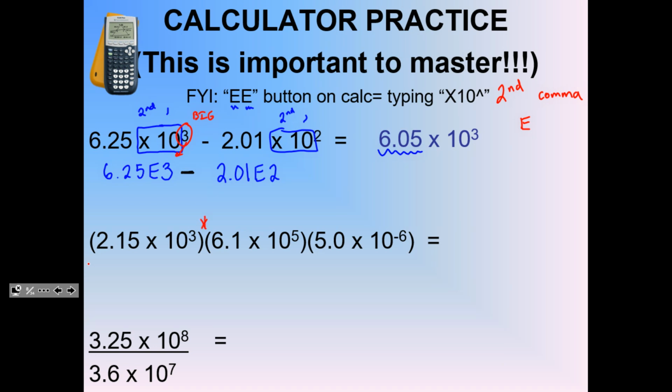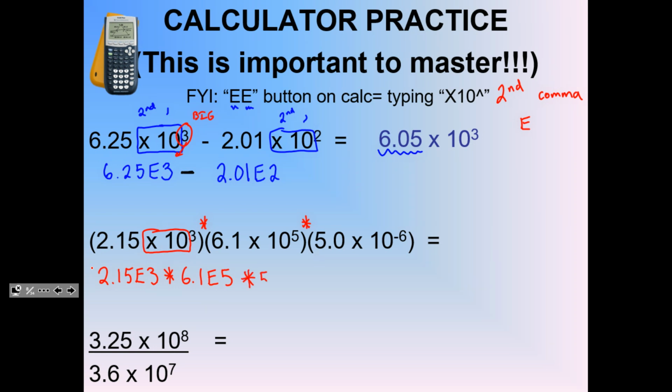So the following problem, let's go down. I see a multiplication here in two different areas. Yes, there are parentheses, but it's multiplication overall. So what I would do is 2.15. I see this, so I'm going to go ahead and do my second comma to get that E, which is times 10 to the power of, and then this is a 3. I'm going to go ahead and drop down the multiplication, and then 6.1 E 5.